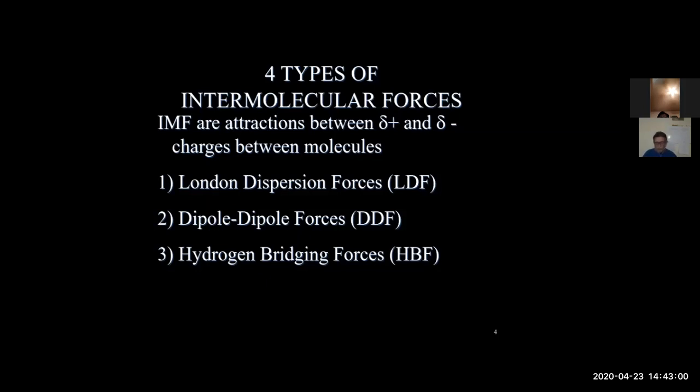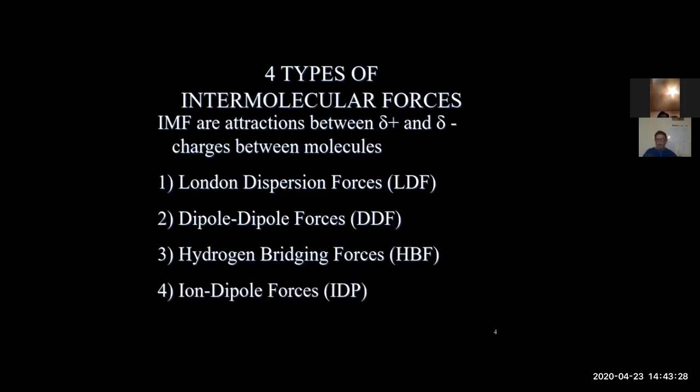But we're going to use them interchangeably. These forces occur in polar molecules, but there are only three types, and we'll give you an example of those in a bit. Those are interactions between hydrogen bonded to either a nitrogen, an oxygen, or a fluorine. We'll talk about that in a second.